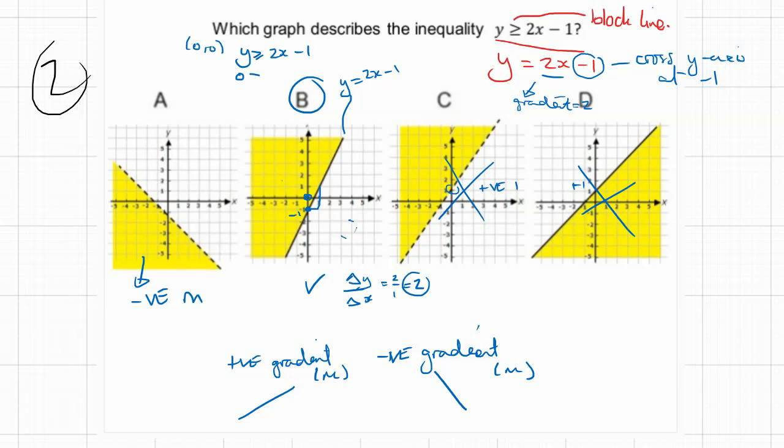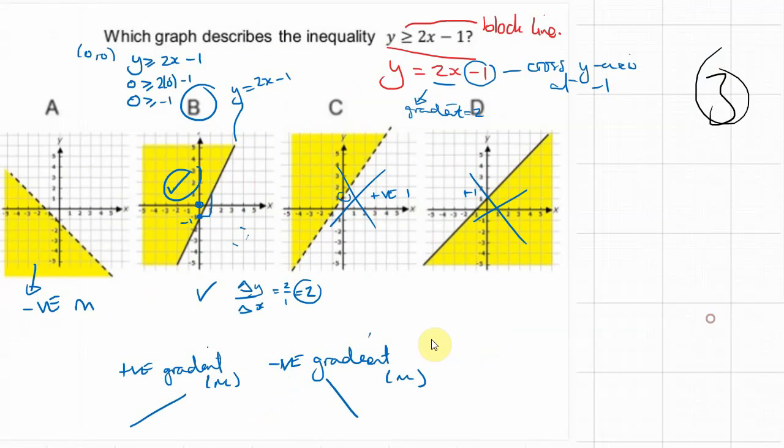So 0 is greater than or equal to 2 lots of 0 minus 1. So we're asking the question, is 0 greater than or equal to minus 1? True. So this one definitely works. It follows the line, it's got a solid line, and the coordinates work, that they've shaded the right region in, is what I'm trying to say.